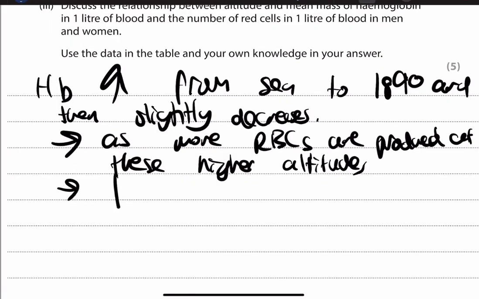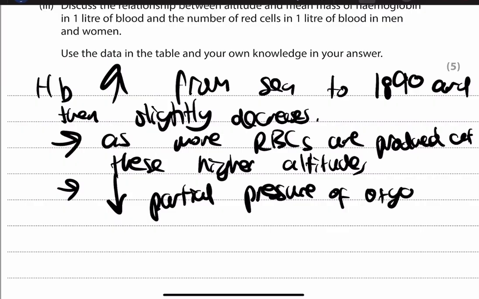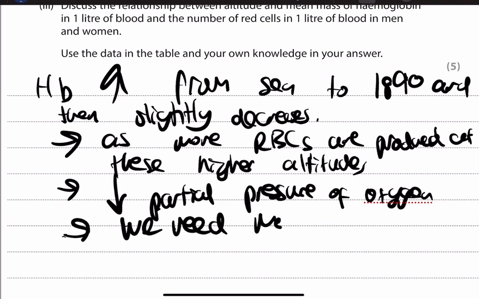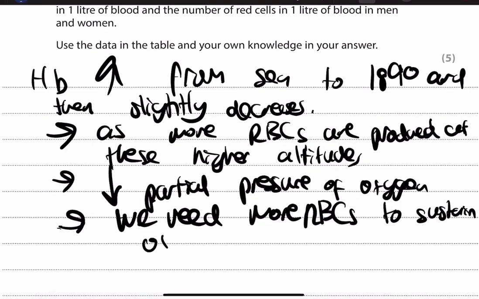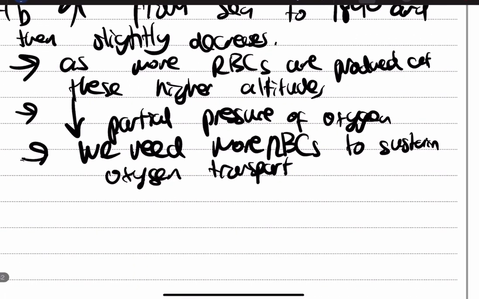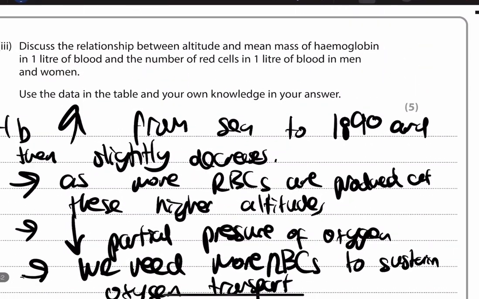Well, we have a lower partial pressure of oxygen, or just the idea that we have less oxygen at these high altitudes. So we need more RBCs to sustain oxygen transport, right? Because we have less oxygen in the air, to spread that little oxygen that we do have across the body, we need more red blood cells to facilitate that. Okay. How many? We need 5 marks.